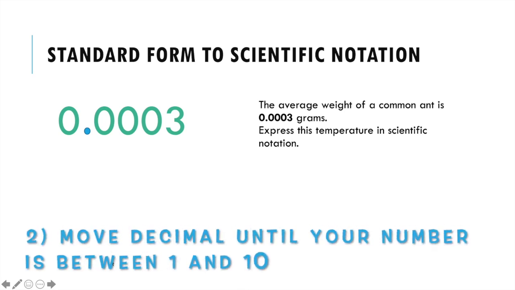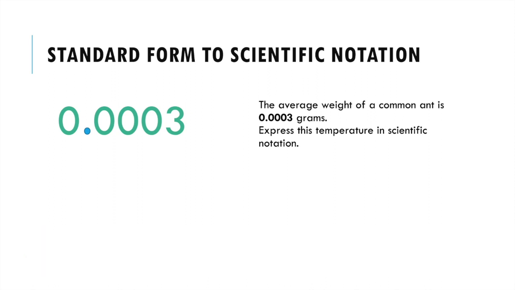Second step, you want to move that decimal until you have a number between 1 and 10. So how many times do you think we're going to move the decimal this time? Let's see if you're right. 1, 2, 3, 4. We moved it 4 times because now, after moving it 4 times, we have that number 3 or 3.0.